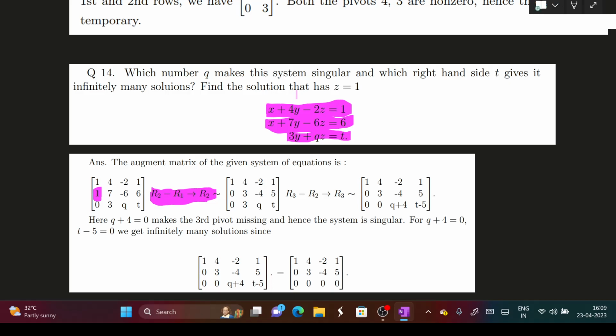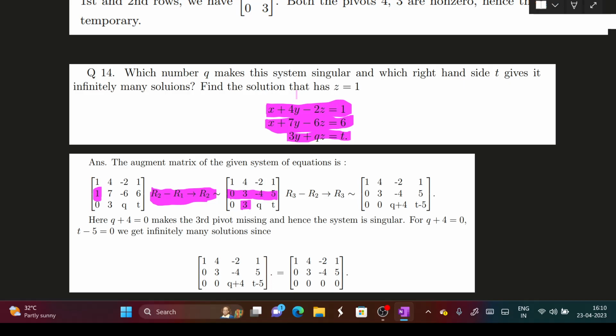So after the operation, what am I getting? 1, 4, 2, 1, 0, 3, minus 8, 5. This is 0, 3, minus 8, 5. And the third equation remains the same. So now this 3 I want to eliminate.